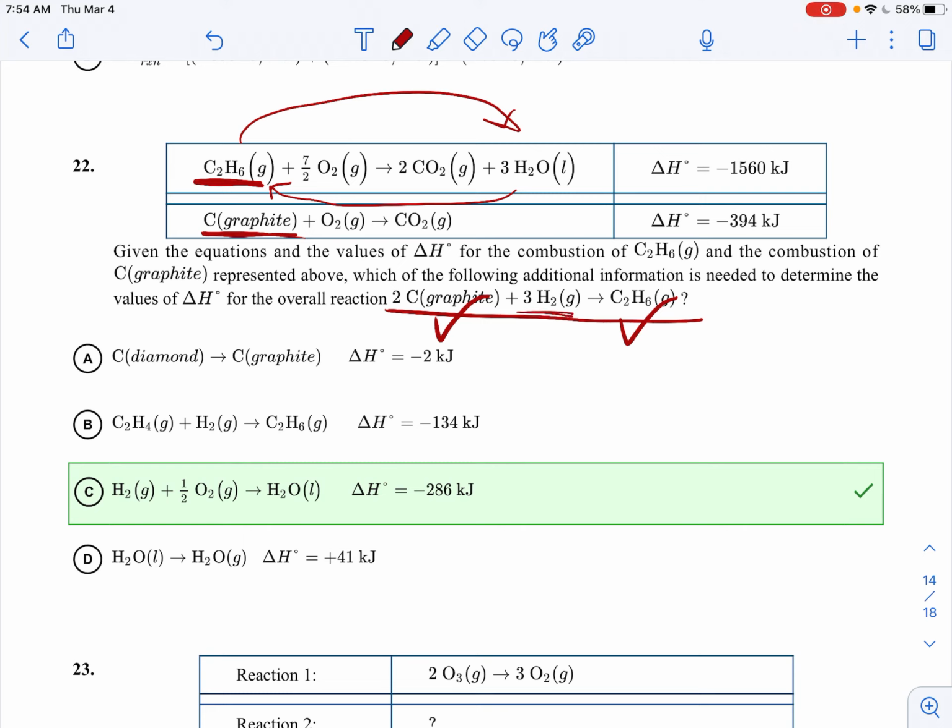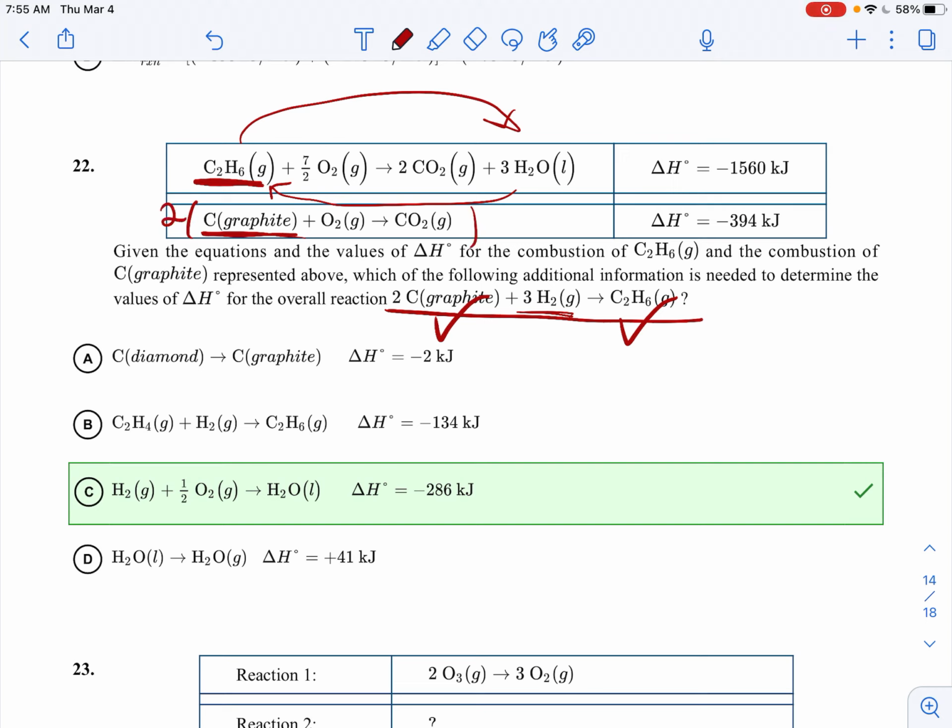So now what we need is 3 hydrogens as a reactant. I'm trying to think. Oh, we would multiply this by 2 to get the 3 hydrogens.